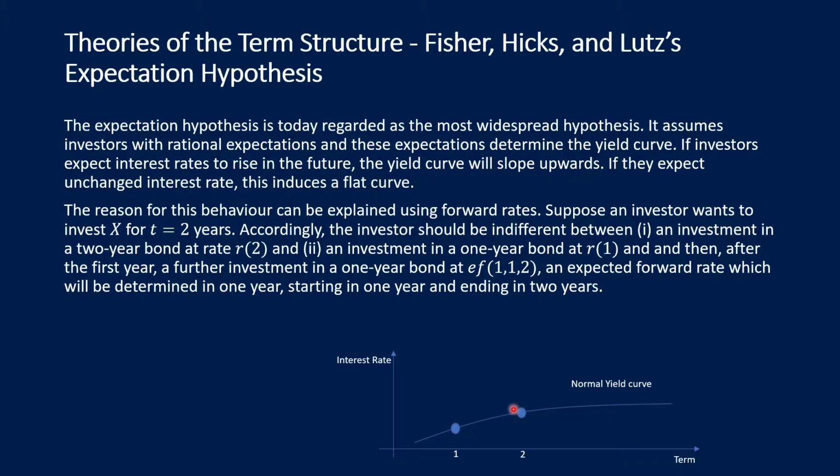Since there is an arbitrage possibility between both options of investing, the forward rate and the 2-year rate always move together. And accordingly, if all or many market participants expect rates to climb, the yield curve will be upward sloping.